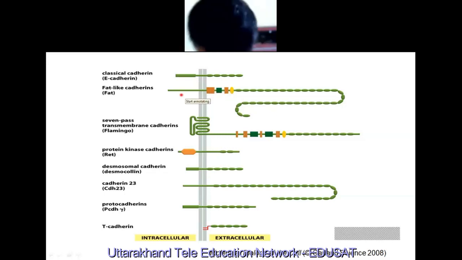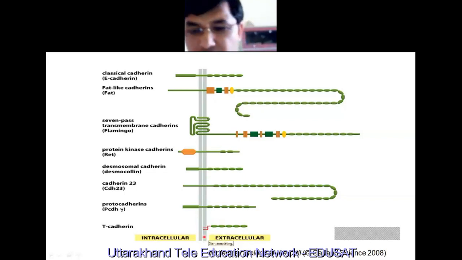Then this is the T cadherin. The important point is that T cadherin has no transmembrane segments, no transmembrane domain.